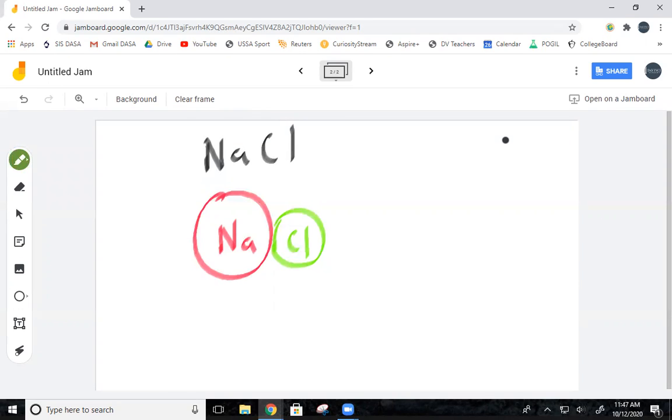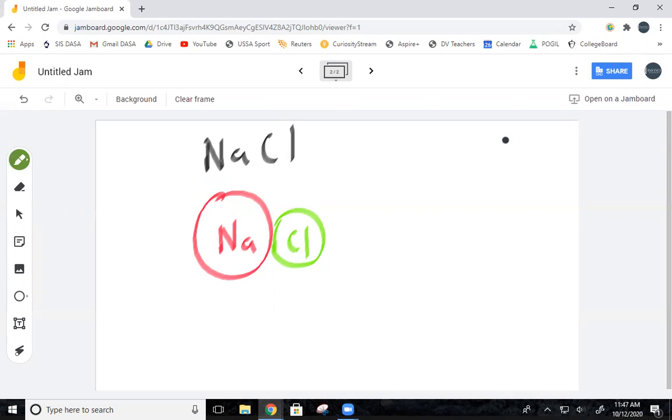Okay, so you have sodium chloride. Remember when we talked about intramolecular forces last time, the forces between the atoms in the molecule. Now we're going to look at intermolecular forces, so between molecules, okay?